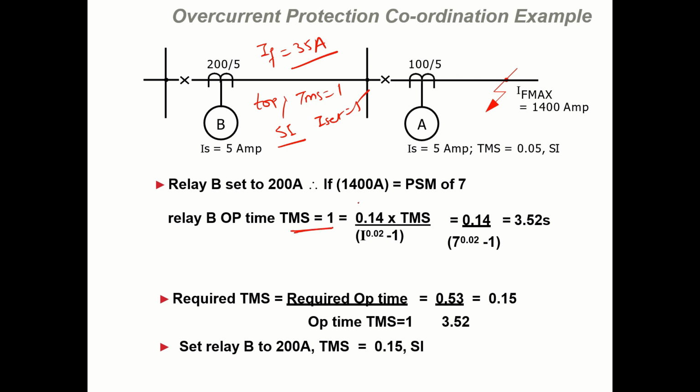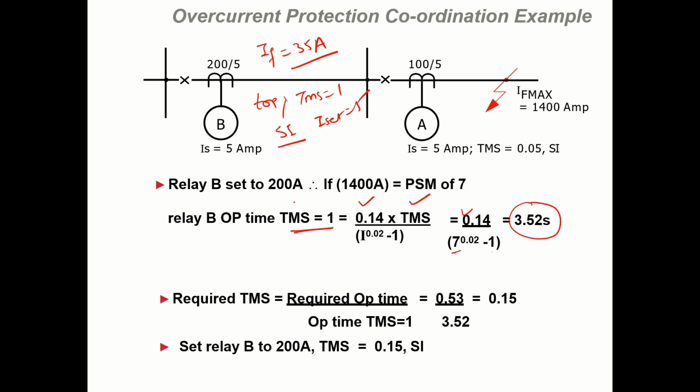The time of operation will be 0.14 into TMS divided by I_F by I set, that is 35 by 5, to the power 0.02 minus 1, that is 0.14 into 1, that is 0.14, divided by the 35 by 5, that is 7, to the power 0.02 minus 1. So 3.52 is your time of operation when you are assuming TMS equal to 1.